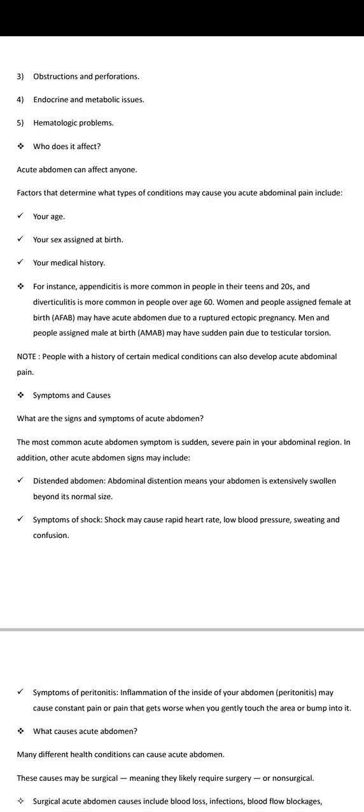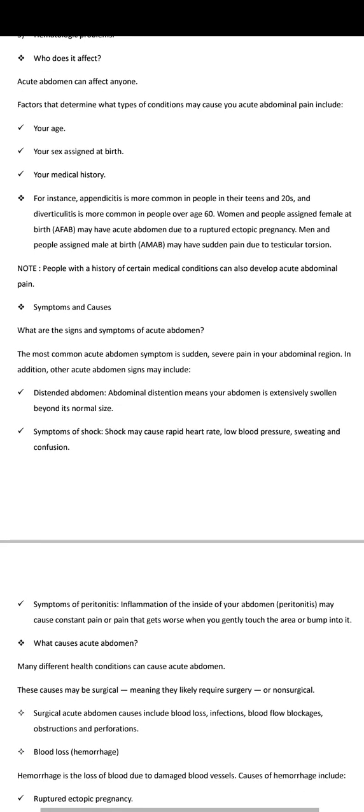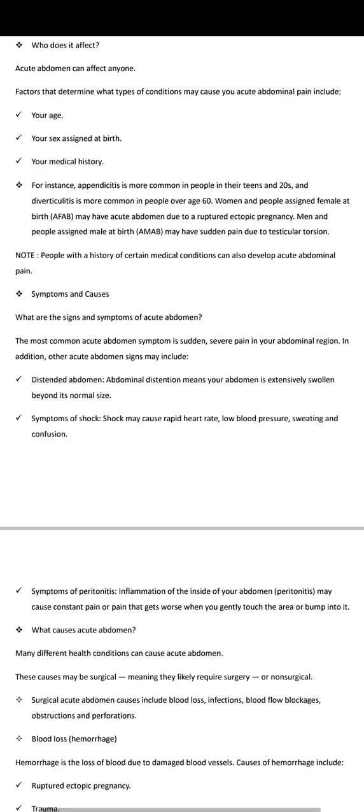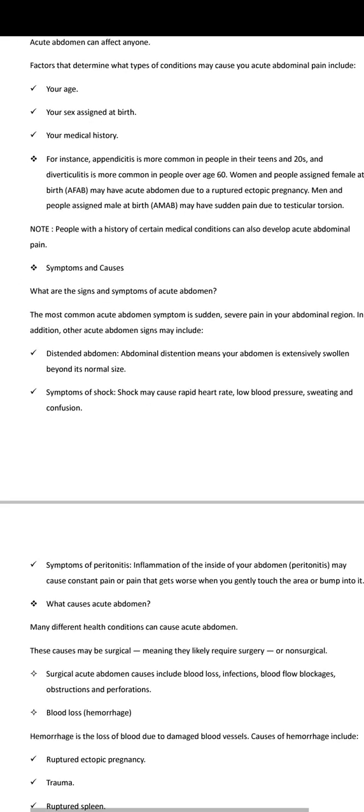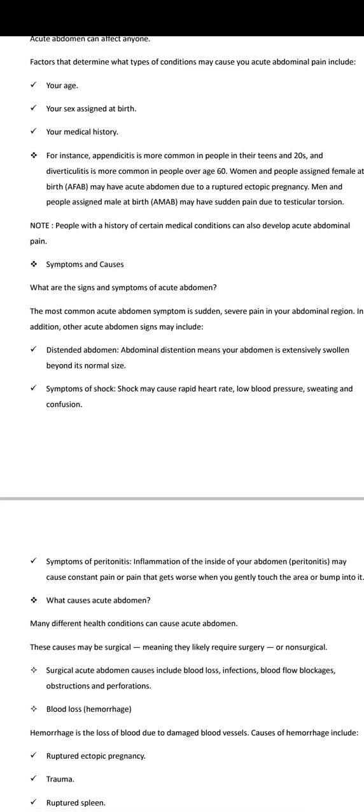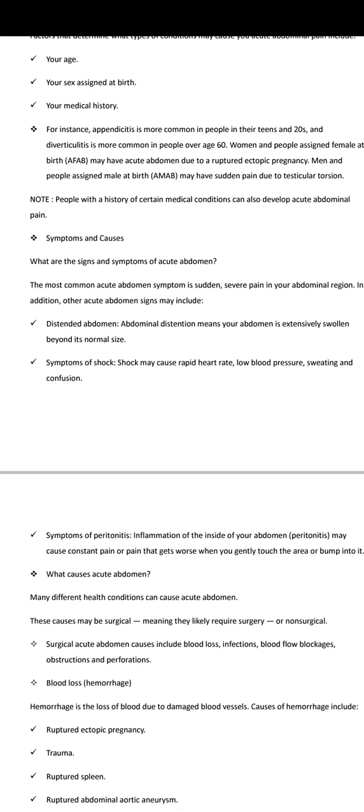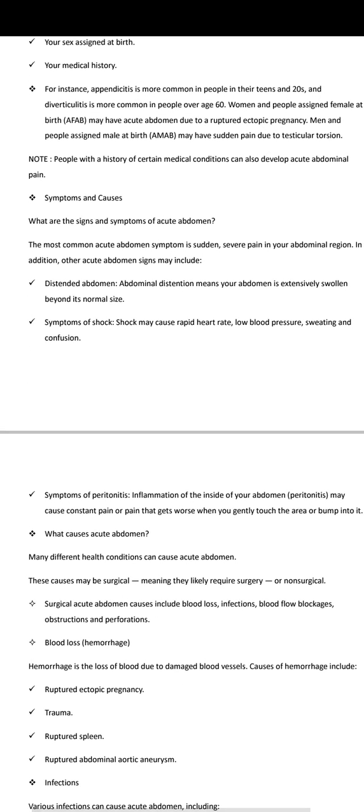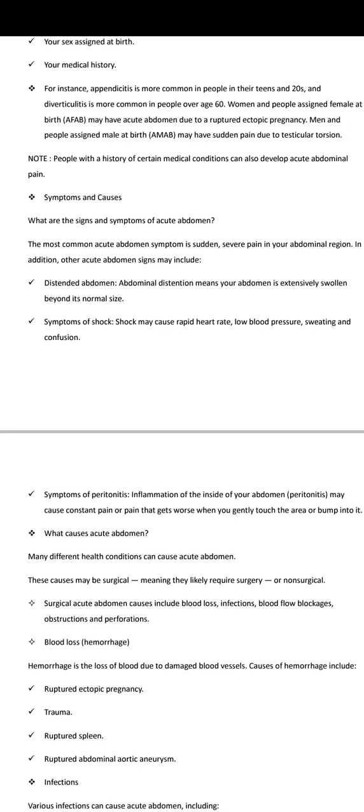So what are some of the signs and symptoms you are going to see in acute abdomen? The general signs and symptoms. The first is the pain itself, the severe pain. The patient will come with severe pain, and you are going to know that okay, this is acute abdomen.